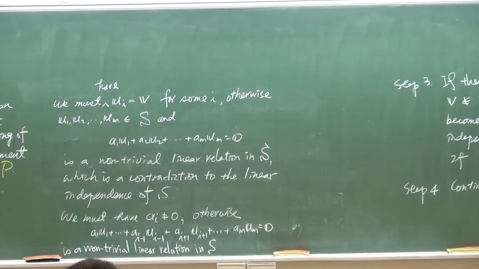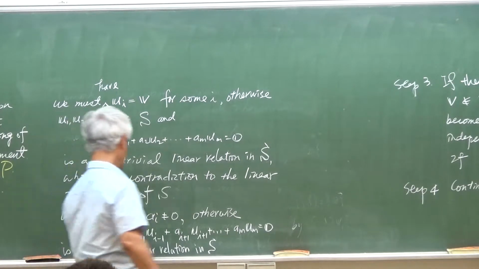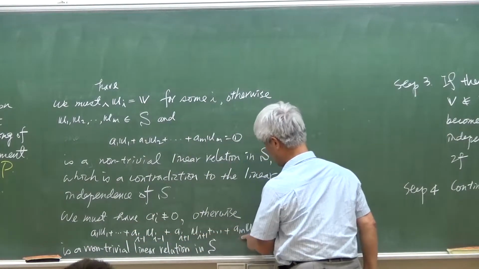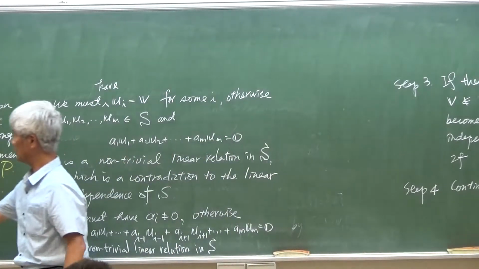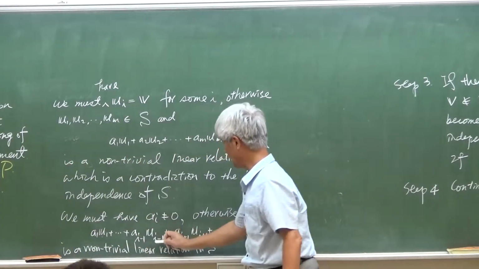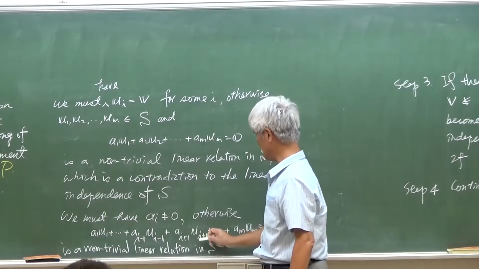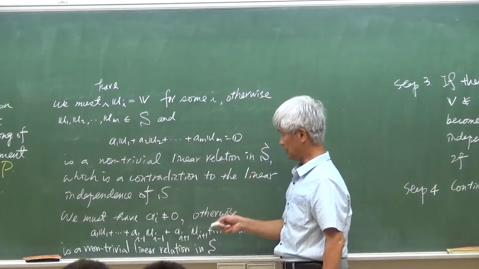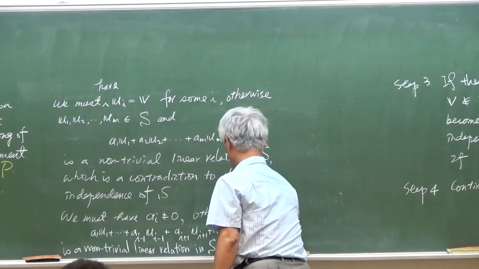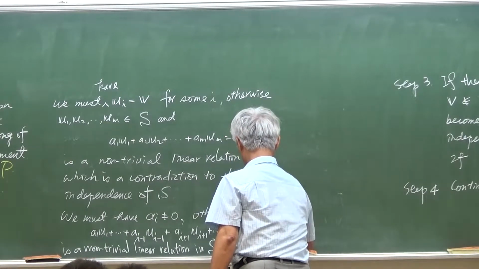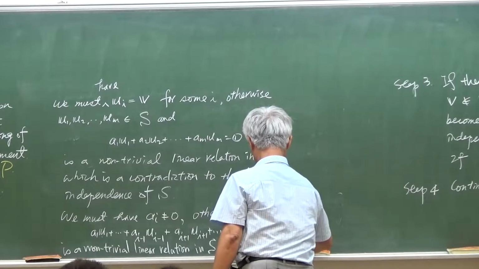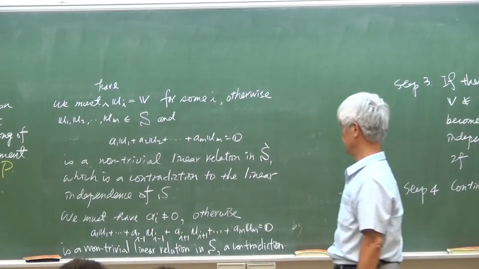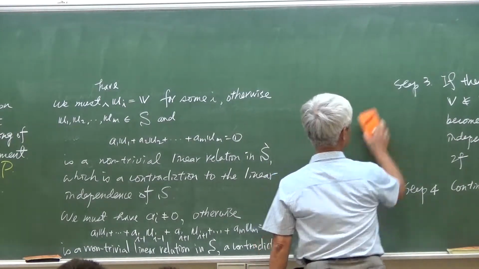So some of the coefficients a1 up to a(i-1), a(i+1) up to am must be non-zero, and u1 up to u(i-1), u(i+1) up to um must be in S. So this is a non-trivial linear relation in S, a contradiction again. Any questions?